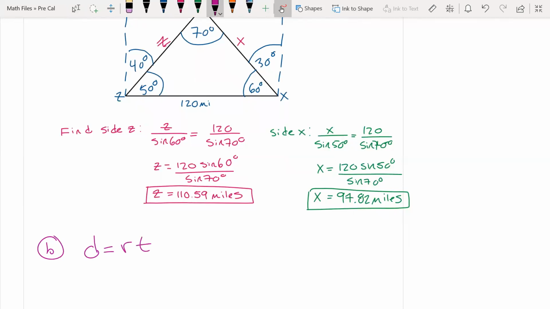So we have to travel 97.82 miles. And how fast is this helicopter going? 200 miles per hour. 200 miles per hour times time.